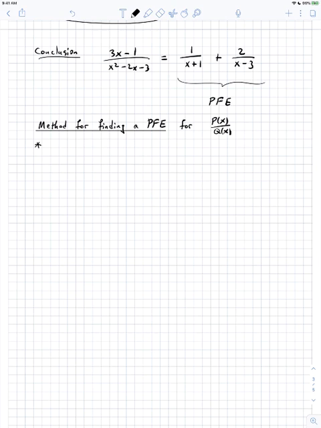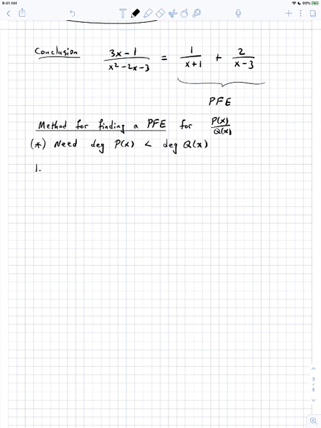Now again, what we need is the degree on p(x) to be strictly smaller than the degree on q(x) in order for this to work. We can talk about what to do if that's not true in a later example. So we need the degree of the polynomial on top to be strictly smaller. Now, assuming that we have that, here's what you do.